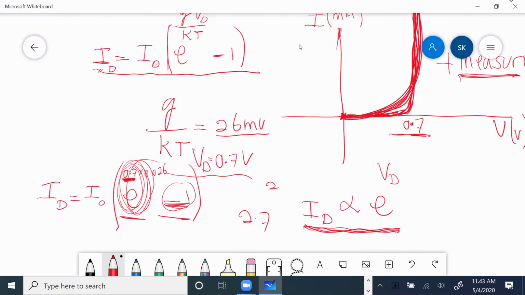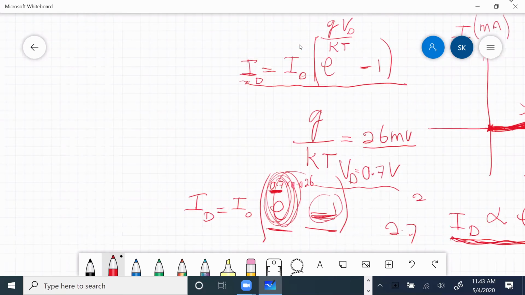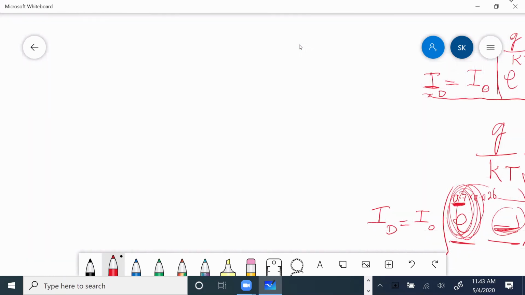That was looking at this against what mathematicians told us. Let's see what the energy band diagram tells us. Remember, this was our p-n junction at equilibrium, which means no bias.